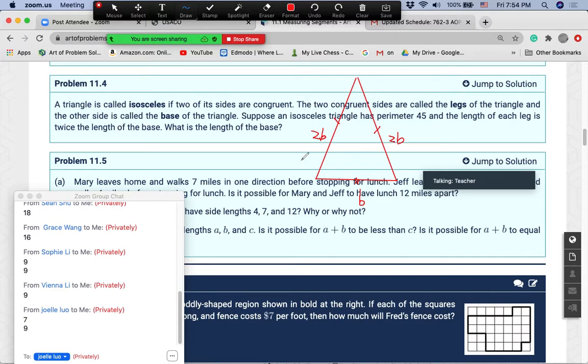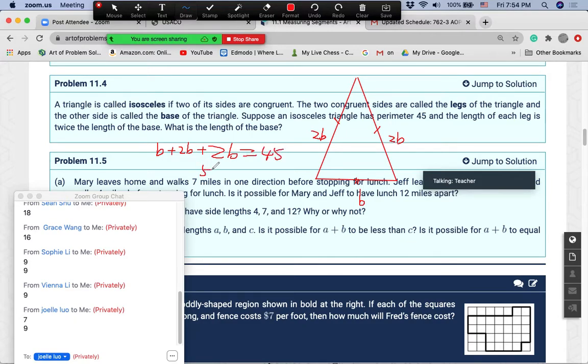So for this one, suppose the length of the base is B. Then the length of this leg will equal 2B. This one also equals 2B. Then you get the equation B plus 2B, plus another 2B, equals 45.